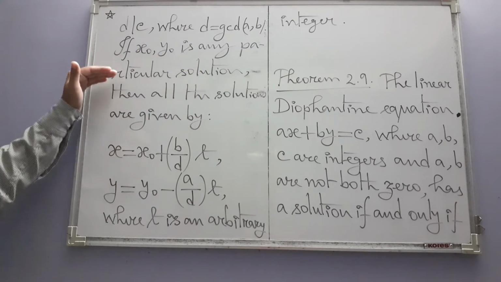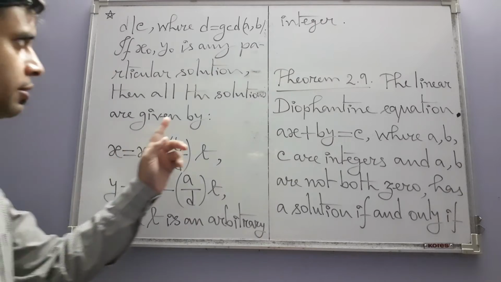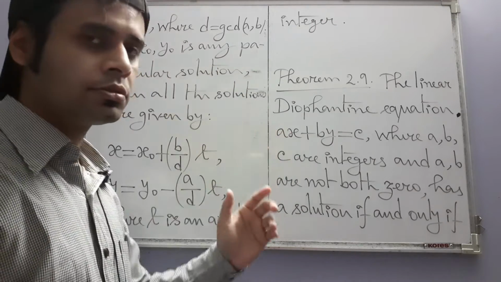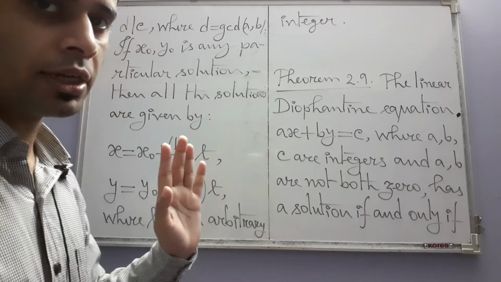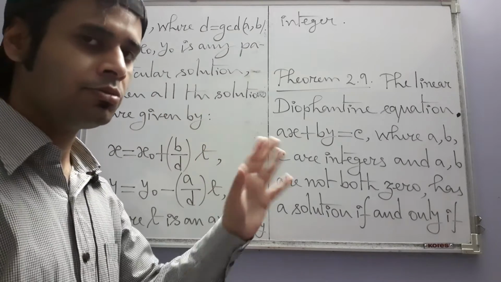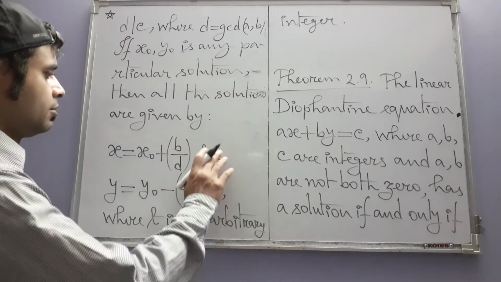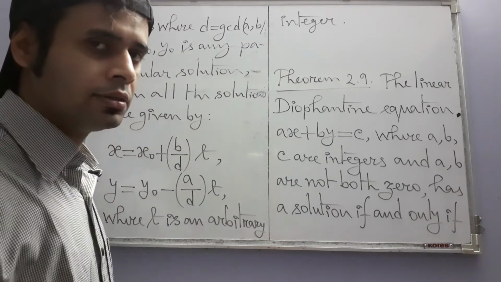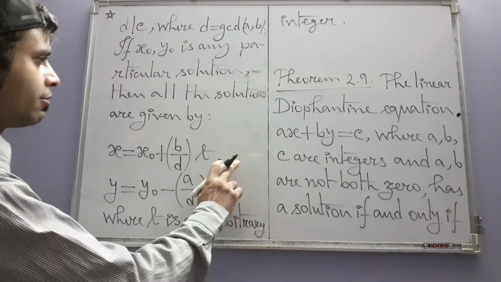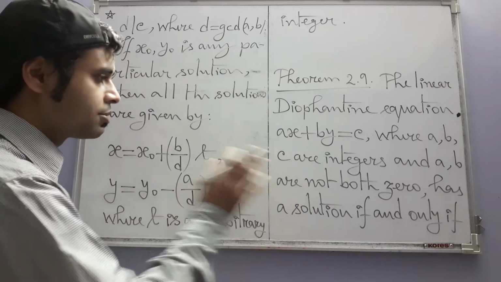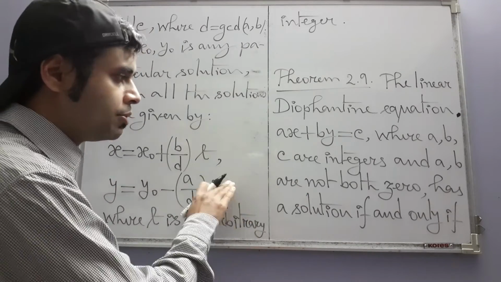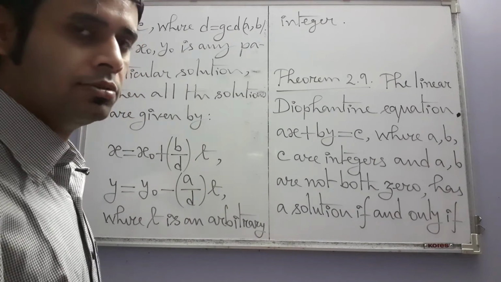So what this second part means is that say this condition D dividing C is true, so that there is at least one solution. So that means you will find some solution. It does not matter how you find. Okay, so that's a different thing altogether. How to find a specific solution in which you will find x and y, but I hope you can already guess how to do that.